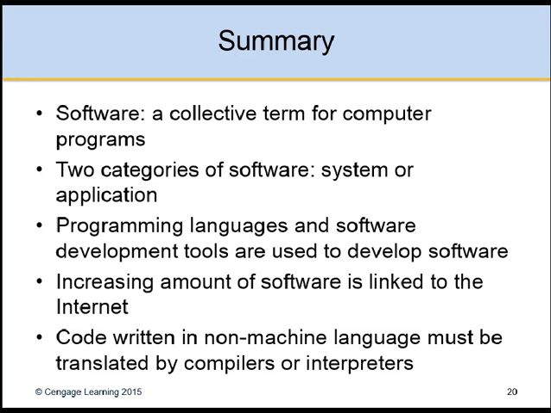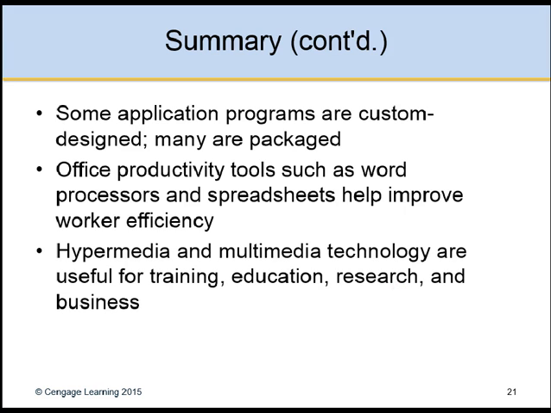So in summary, we've talked about software and mentioned that there are two categories of software, system and application, discussed programming languages, and the tools used for developing, compiling, and running programming languages. We also went into application software, some of it custom designed, many of it packaged.